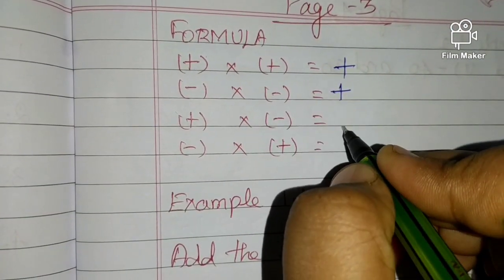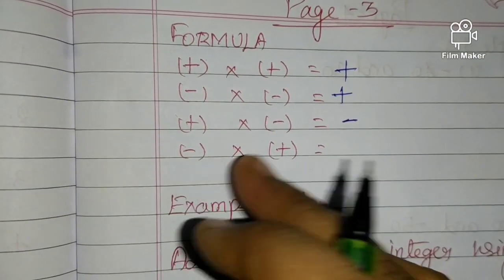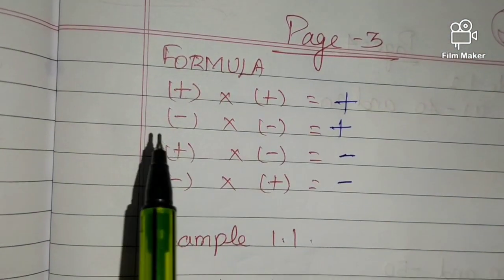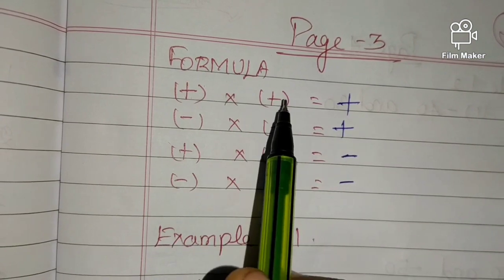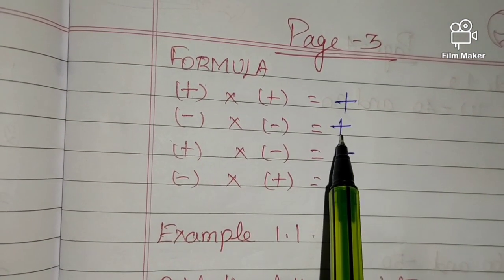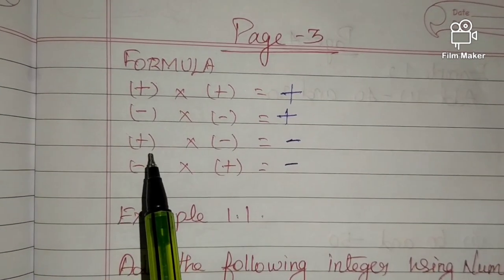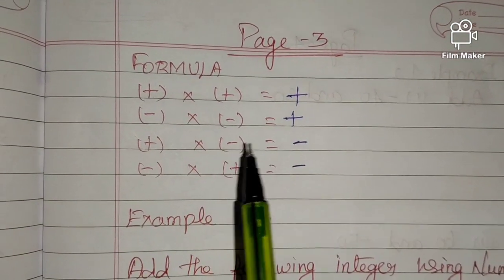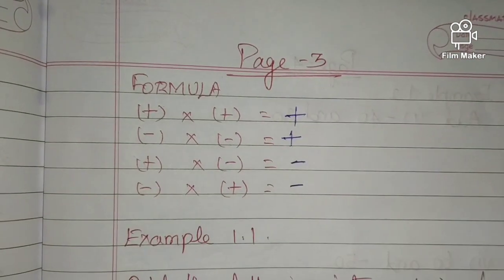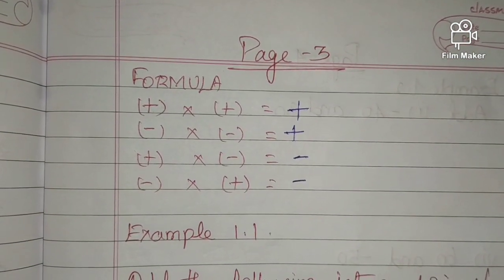Plus into minus equals minus, minus into plus equals minus. Students, just clear this one. If both the symbols are the same, it is positive. If symbols are different, it is negative. By using this formula only we are going to solve the upcoming example sums.